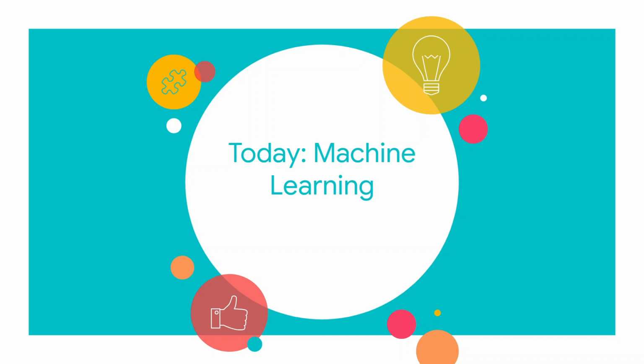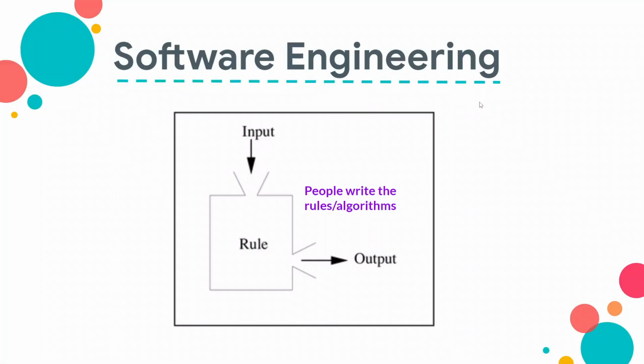Typically, a software engineer like Elizabeth studies the problem and then writes rules on how we want the problem to be solved, and then we say, this is what we expect the results to be. That's what we do with a typical program, and we know what the solution is going to look like.